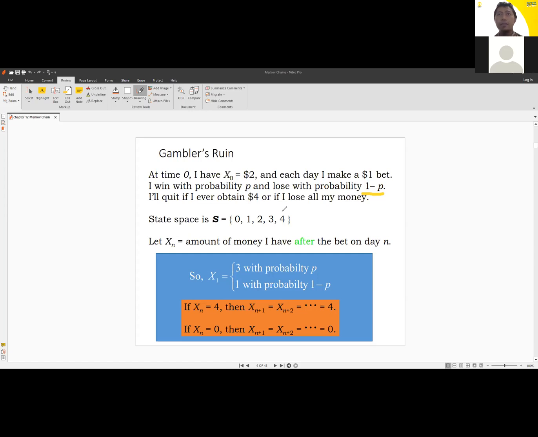So in this case, the state space means the conditions that might happen to me. In this case, 0, 1, 2, 3, and 4. This number represents how many dollars I have.